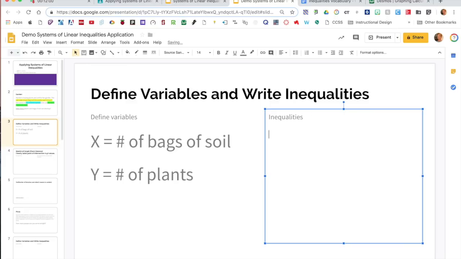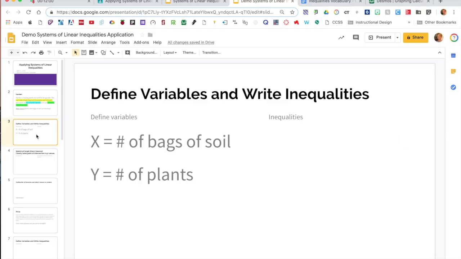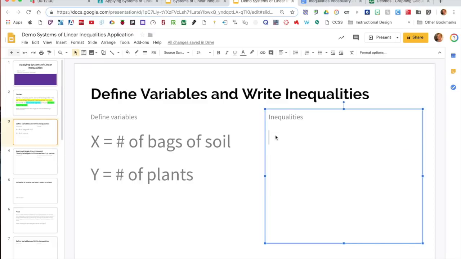For writing our inequalities, we will use the information that we're given in our paragraph. So we know how much they cost, and we also know how many plants we need to buy. So we're going to use the cost, and we're also going to use the number of plants as our help for writing this. So how much does it cost?